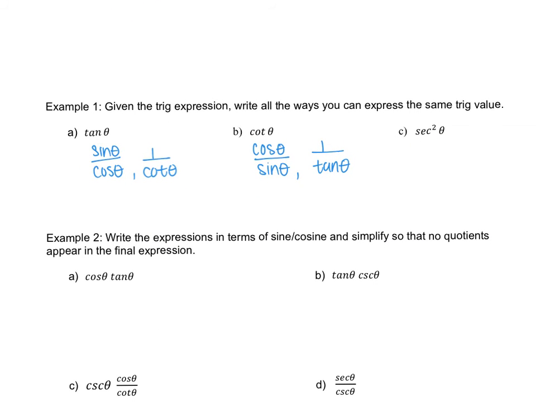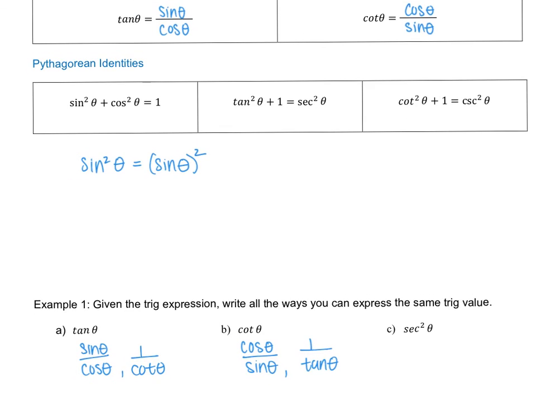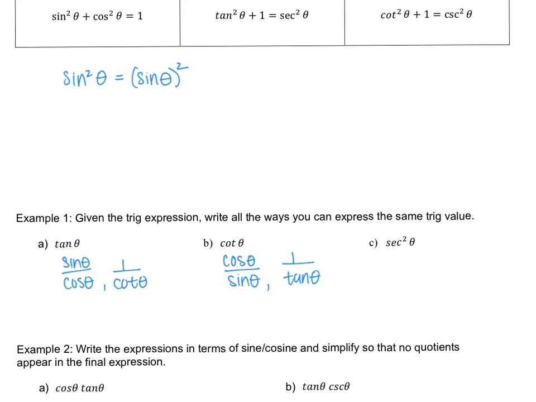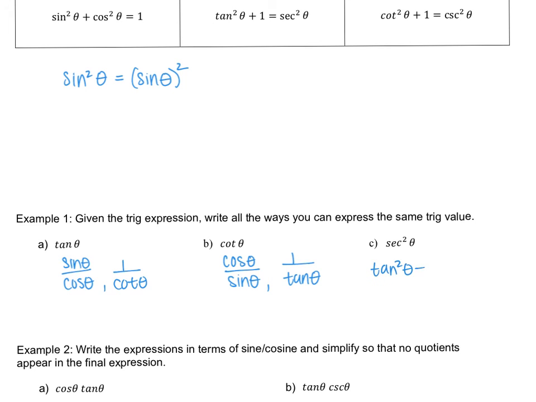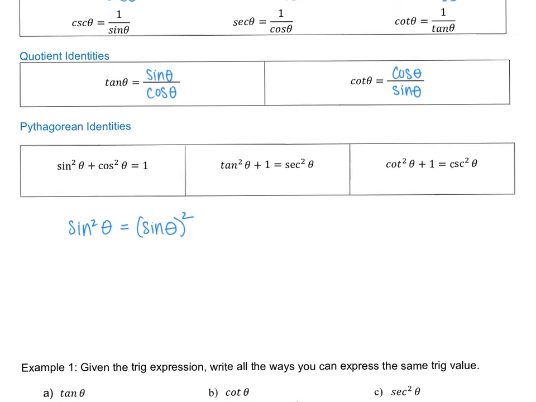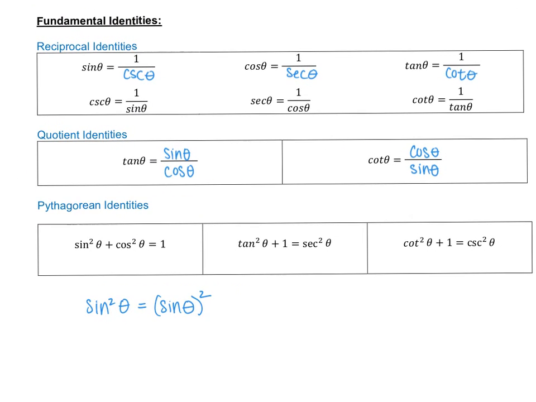So this one is secant squared. When I'm thinking about secant squared, the first thing I notice is that secant squared is tangent squared plus 1. So I can use all of that to represent secant squared. I'm going to go ahead and write that in. So tangent squared plus 1. Let's think of other things. Secant is a representation of cosine, right? So here's secant, and secant's 1 over cosine.